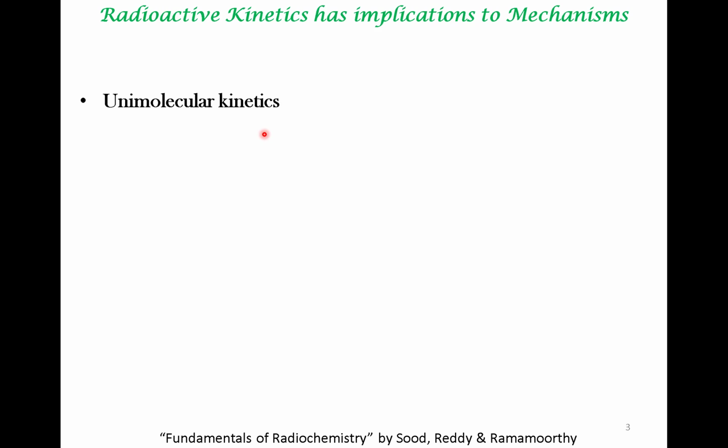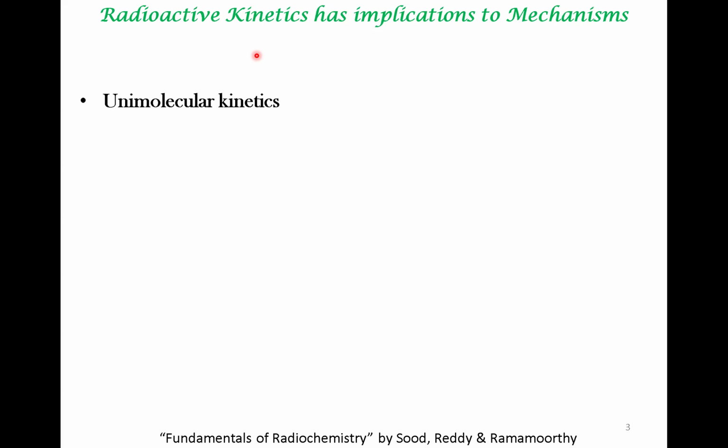So what I'm trying to convey is that when you have a phenomenological kinetic law, rate law, that has implications for mechanism, which is what we want to understand. But to document an experimental behavior, you first get a phenomenological kinetic law. So this was done in early stages.